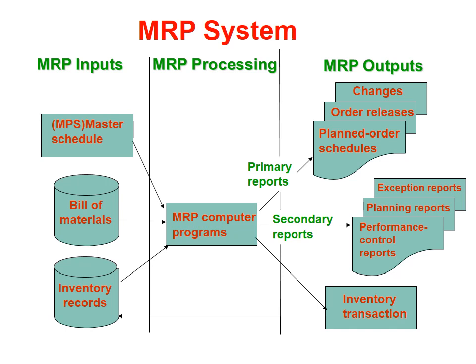The output consists of primary reports: planned order schedules and order release changes; and secondary reports: performance control reports, planning reports, and exception reports. The output also includes inventory transactions.